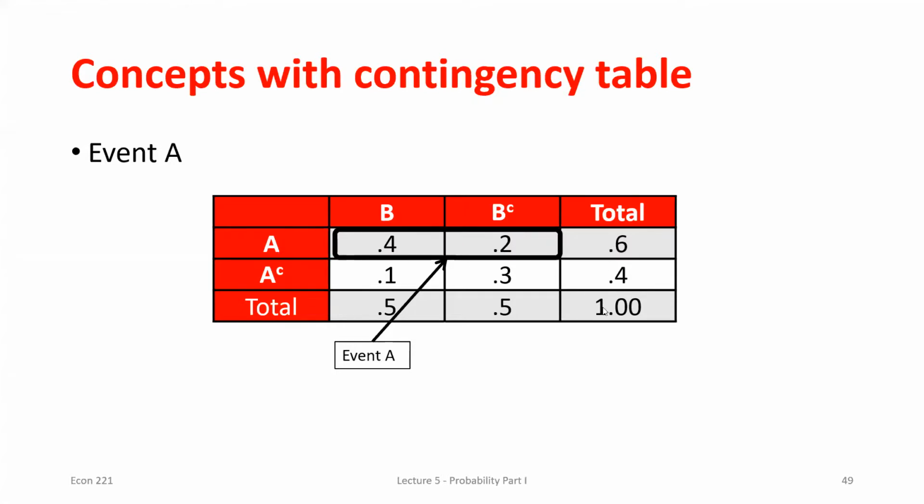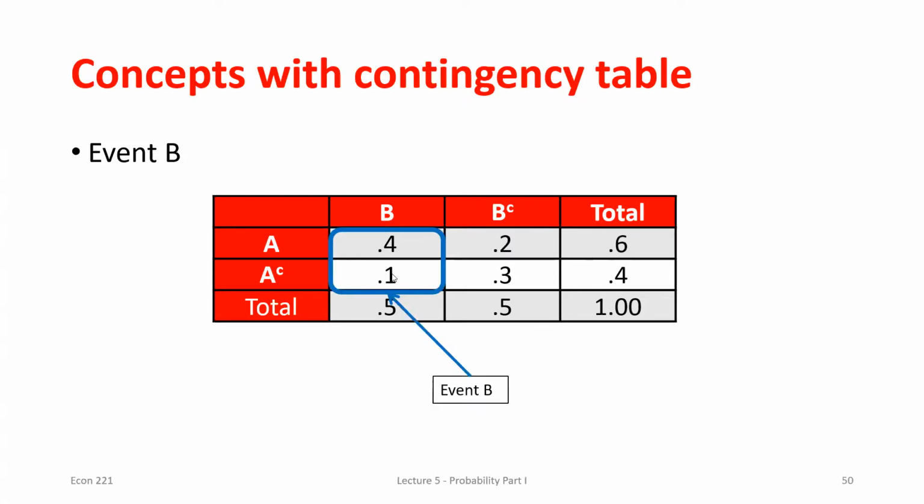So if I didn't show you these totals, you could add across the rows to produce the totals, and you can add down the columns. So 0.4 plus 0.1 is 0.5, 0.2 plus 0.3 is 0.5, 0.1 plus 0.3 is 0.4, right? I can add across the rows or down the columns to get those totals. So anything about event B here, I just add down the column. Just another example. I kind of mentioned this. I don't think that's too terribly tough.